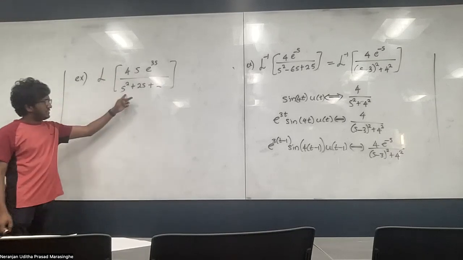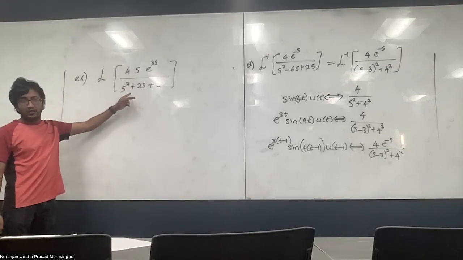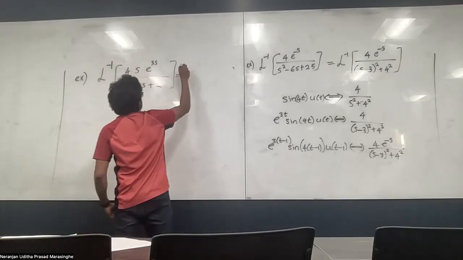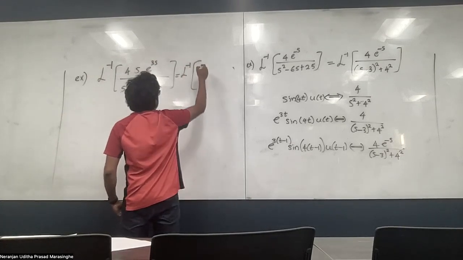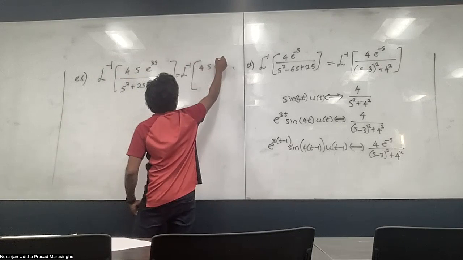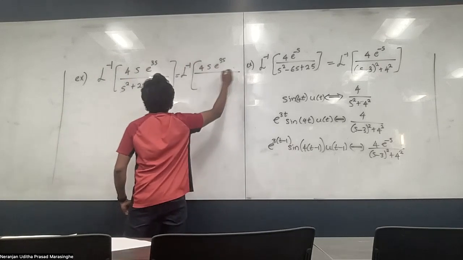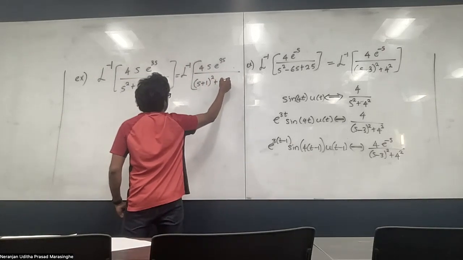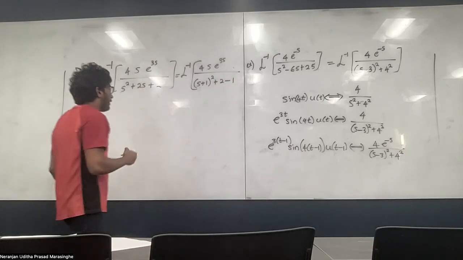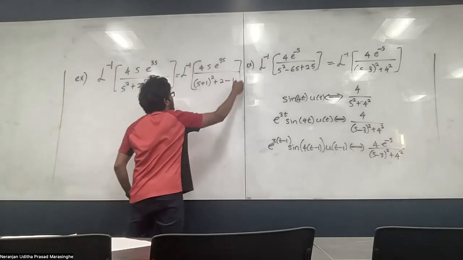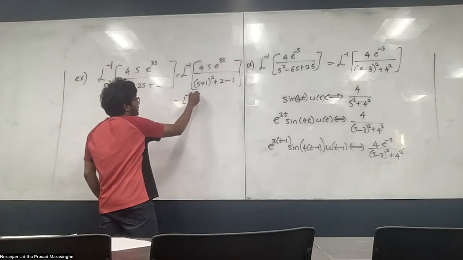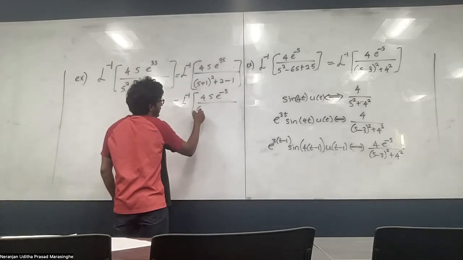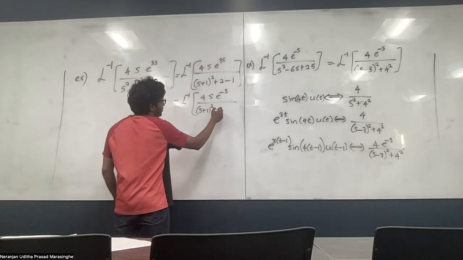Again, the first step is to complete the square in the denominator. So what would I get? I can write the denominator as (s plus 1) to the power 2 plus 2 minus 1. That means I have the inverse Laplace of 4 times s times e to the minus s divided by (s plus 1) to the power 2 plus 1.